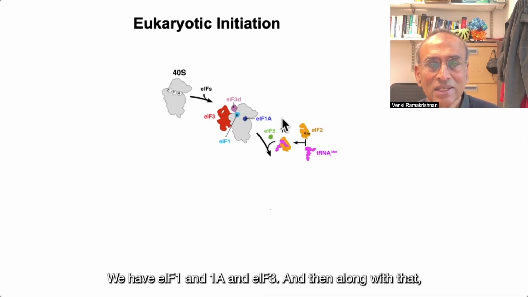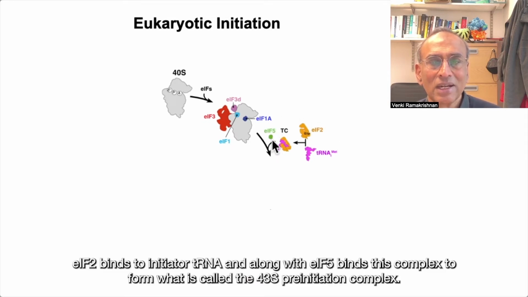And then along with that, EIF2 binds the initiator tRNA, and along with EIF5 binds this complex to form what is called the 43S pre-initiation complex.